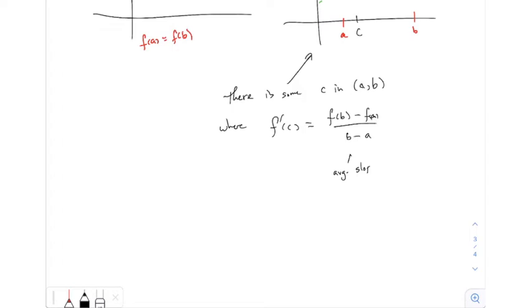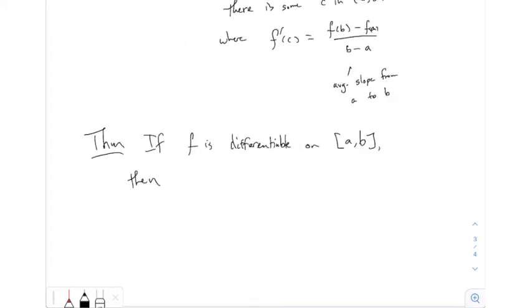It says that if you have any kind of function, it has to be differentiable. But f of a and f of b could be anything, they need not be equal.